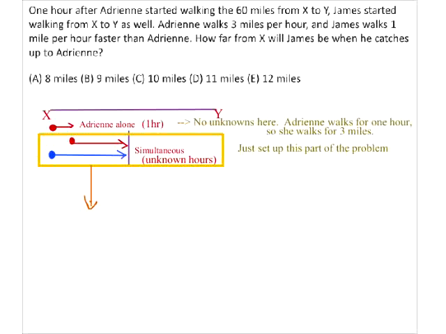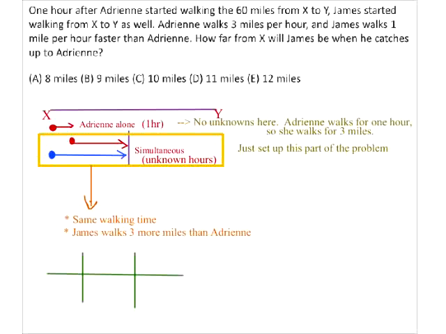Now you have the same walking time. And then James walks 3 more miles than Adrian. So we can set up the same kind of table, but a little bit differently. These are still 3.